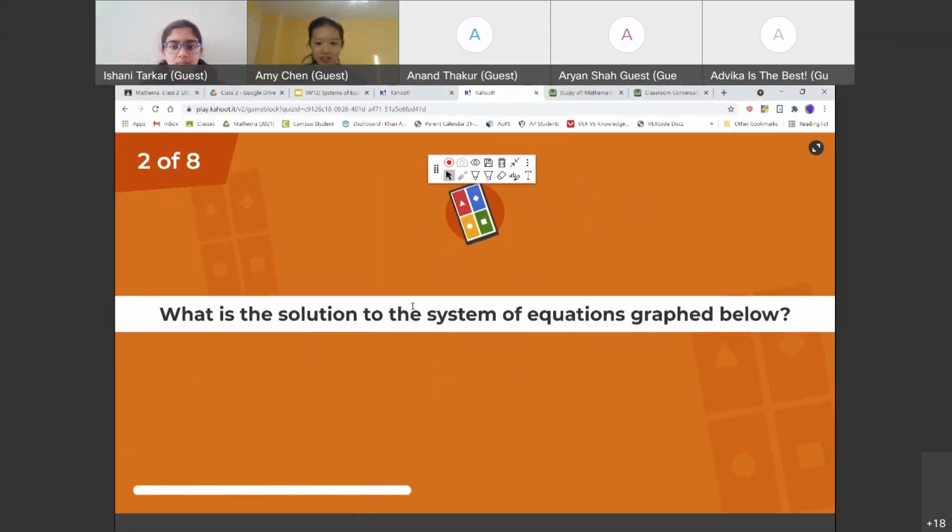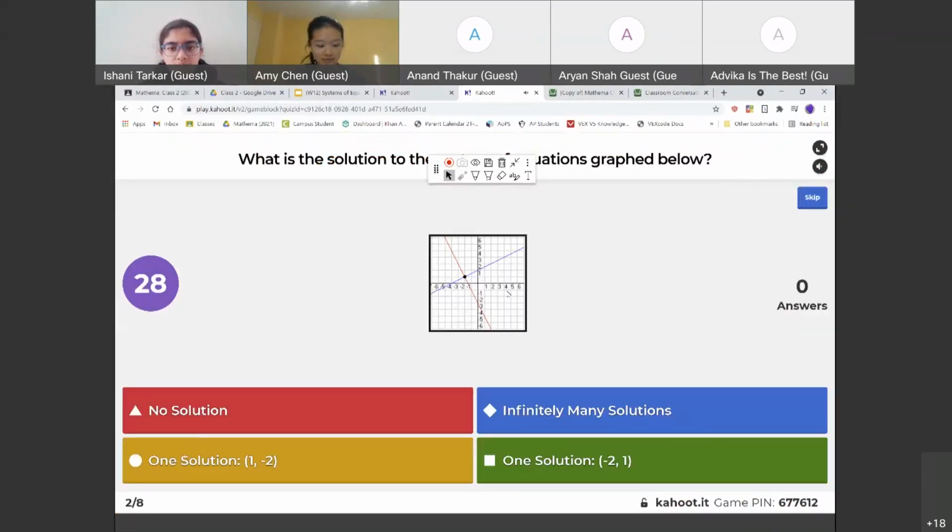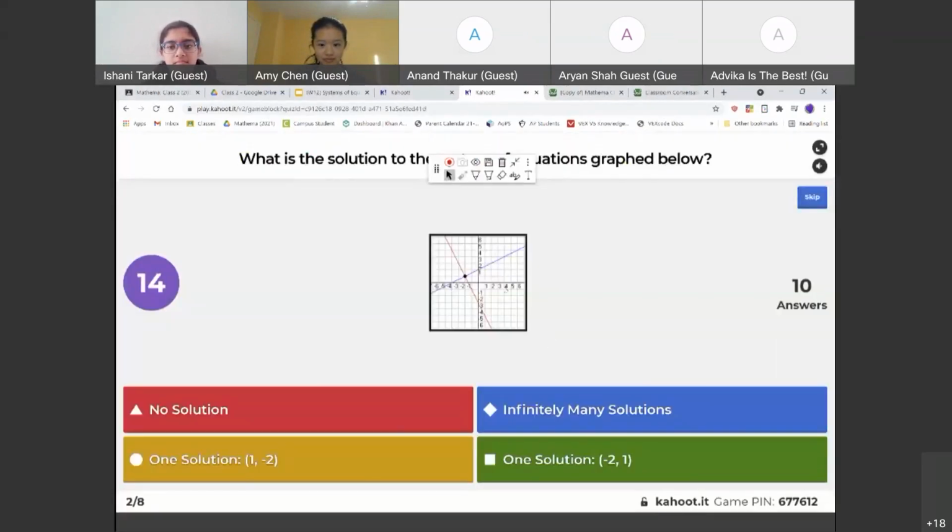What is the solution to this system of equations? None of the solutions are right.